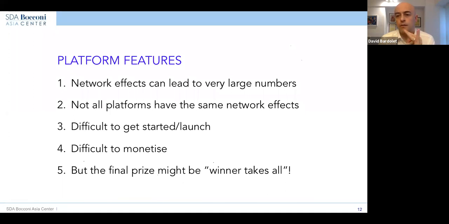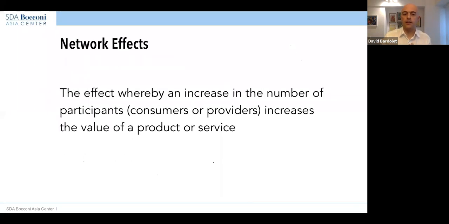So what are network effects? Network effects directly determine the value of a platform. And network effects are these effects by which an increase in the number of participants in the platform increases the value of the product or service that the platform is delivering.